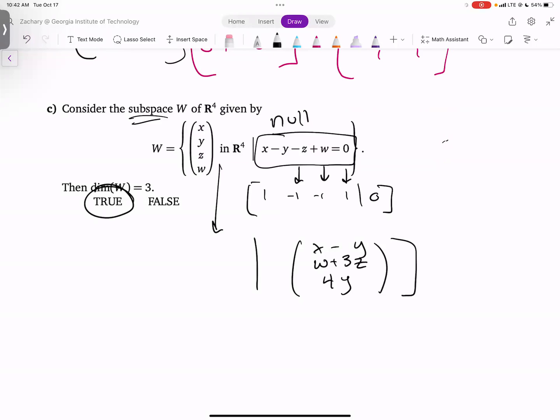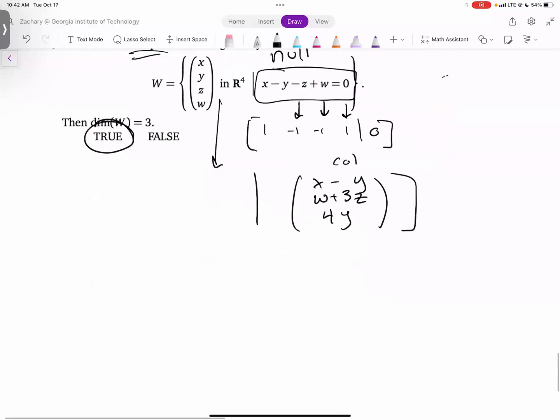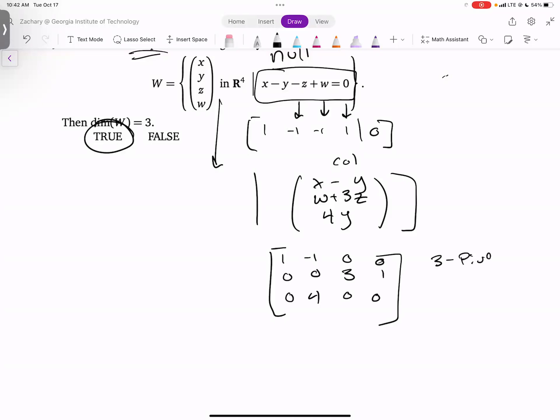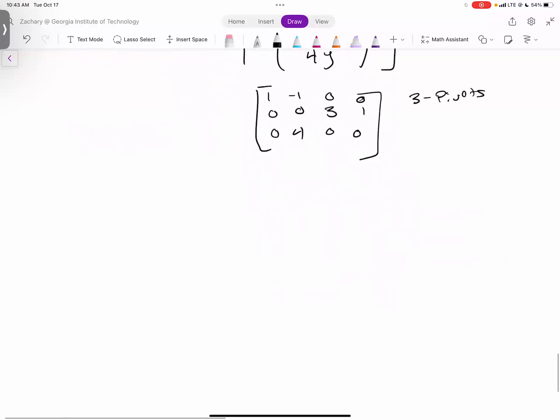And this is the definition of a column space corresponding to the matrix where my rows are my equations and my columns are my variables. So this is 1x minus 1y, 0z, 0w; 0x, 0y, 3z, 1w; 0x, 4y, 0z, 0w. And what you'll find is you have 3 pivots. In this particular case of this matrix that I'm showing, the dimension of this space would also be 3D.